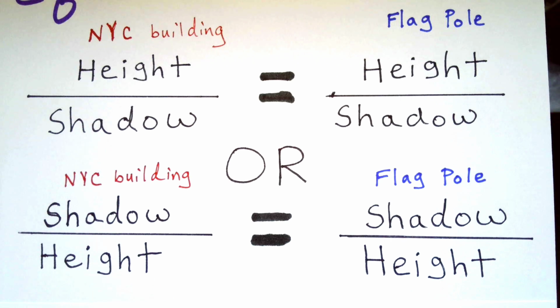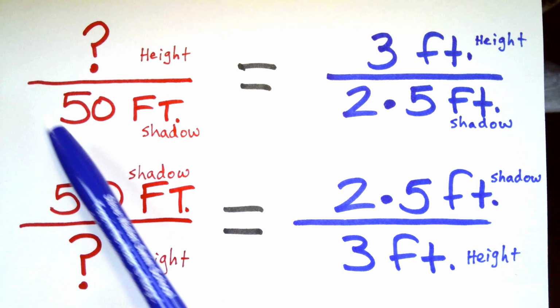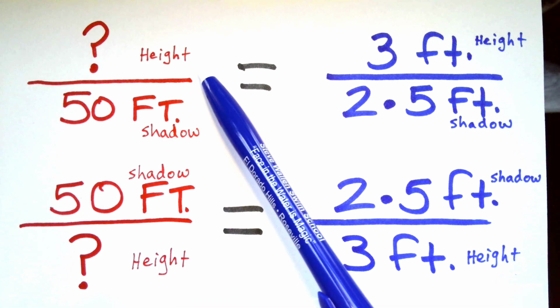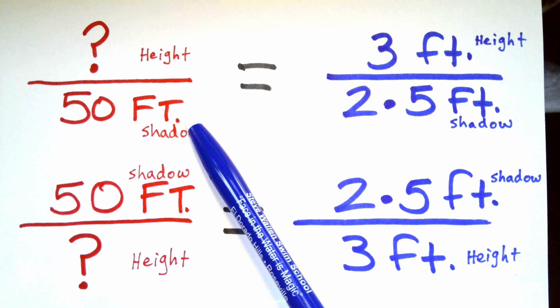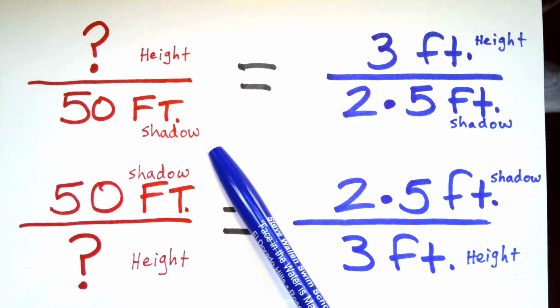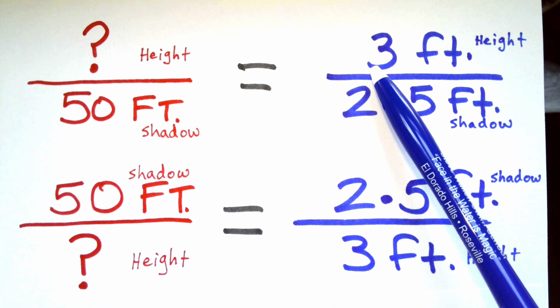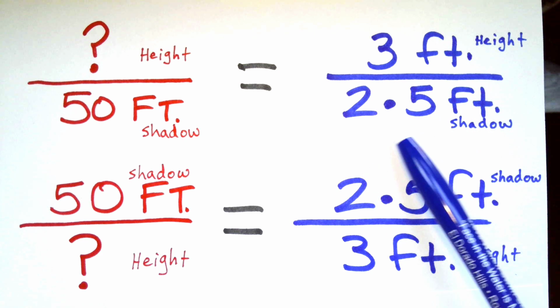Let's go ahead and show you what those values look like. Okay, so you can see here for the New York City building, the height we don't know. That value was not given in the Part 1 video or the test question. But we do know it's 50 feet in length for the shadow, right? Set that equal to the flagpole, which we know the height was 3 feet, and then the shadow was 2.5 feet.